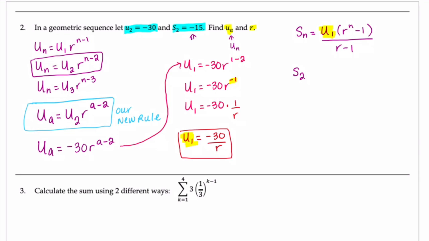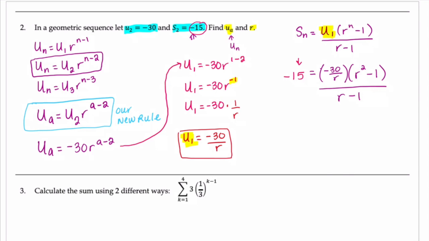So S sub 2 is obtained by taking the first term, which we know to be negative 30 over r, times r to the second minus 1, over r minus 1. So our goal is to get the value of r, the common ratio. Now, do we know what S sub 2 equals? Yes, S sub 2 equals negative 15, which means I'm going to replace that S sub 2 with that negative 15.